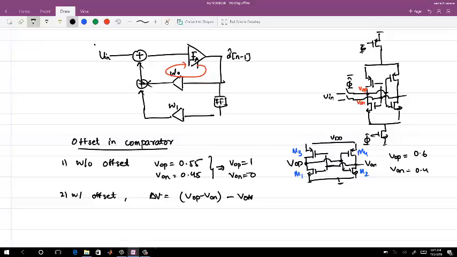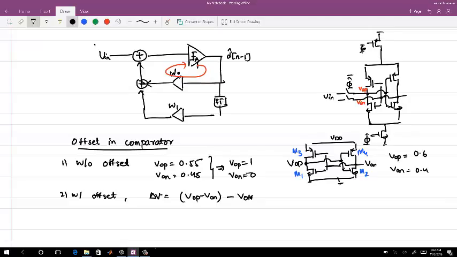Okay. So in all, this offset arises because of the mismatch between the transistors, during the layout, during process variation, and other things. So what is normally done is that you cancel the offset.